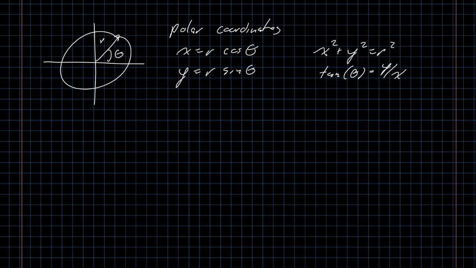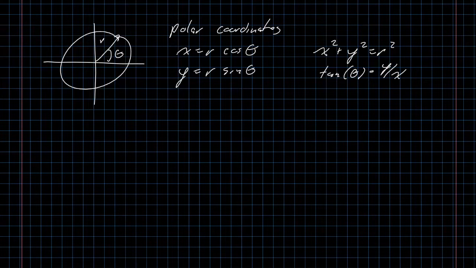But what if we took the exact same rules that we've just been talking about with cylinders and let them work for polar coordinates as well? We can take our polar coordinates and just lift them up or push them down to get various different z values.